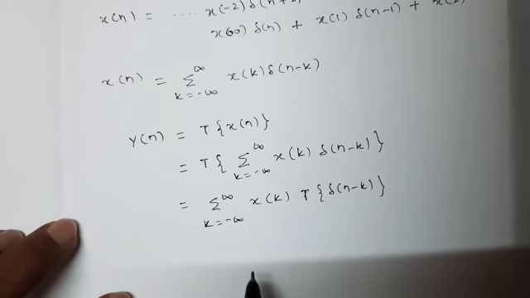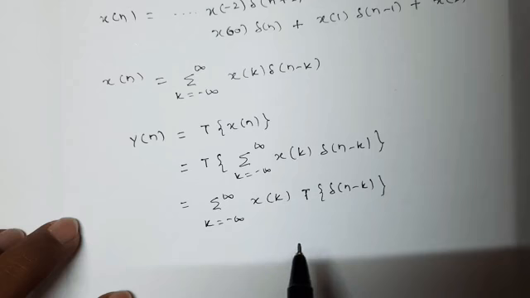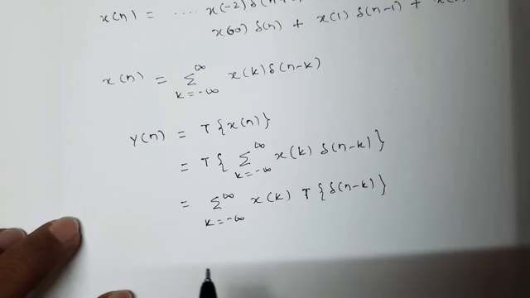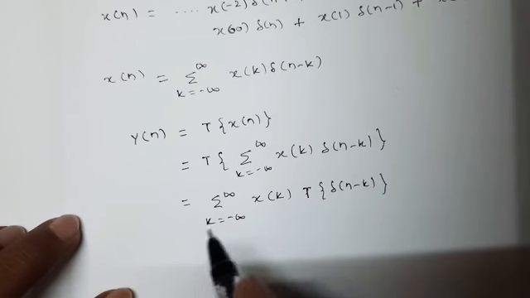Now del of n, as you know, is the impulse signal. When the impulse signal is given to a system, it becomes the impulse response, that is, the output of this system when the input is the impulse signal is called the impulse response of the system.